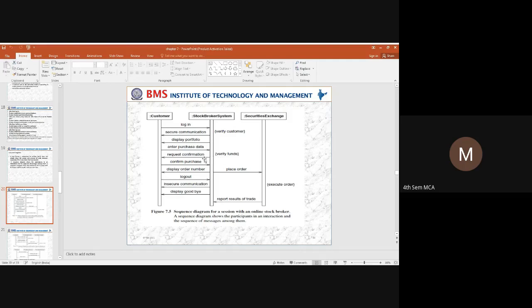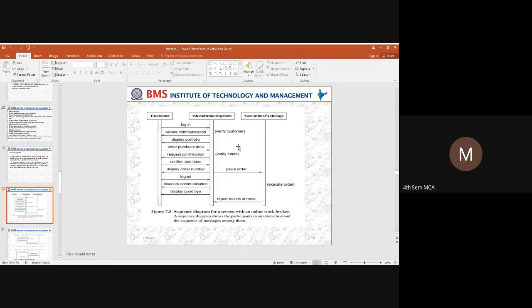In the previous example, John is going to purchase 100 shares of the GE company. Similarly here, the customer is going to enter the purchase data.